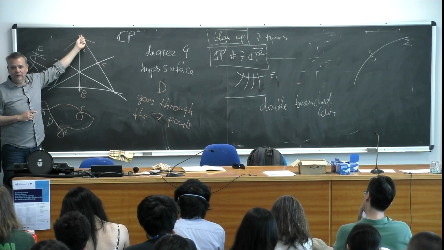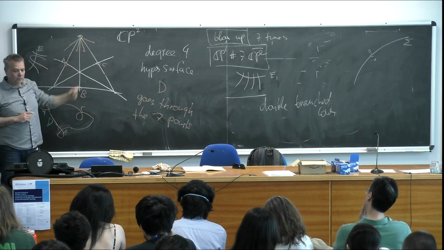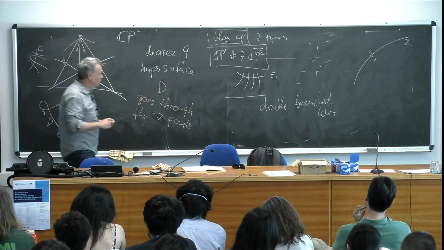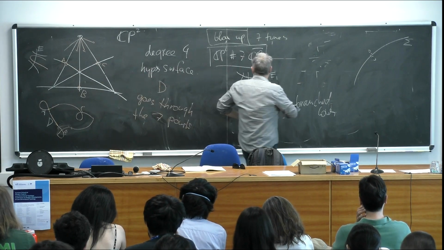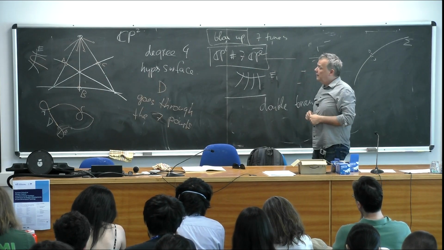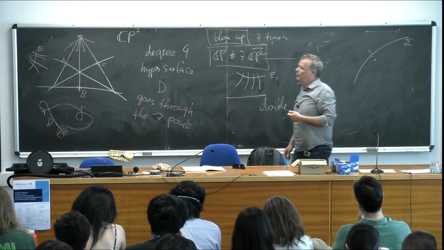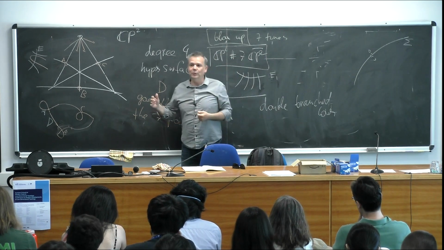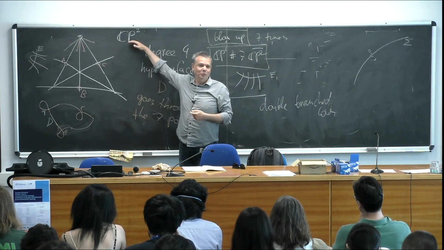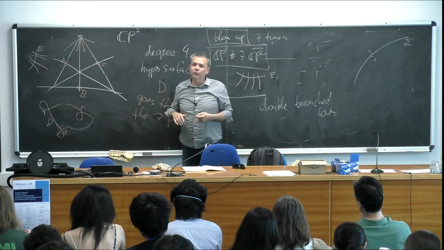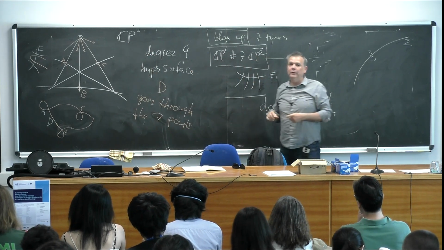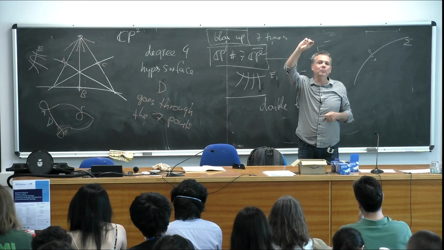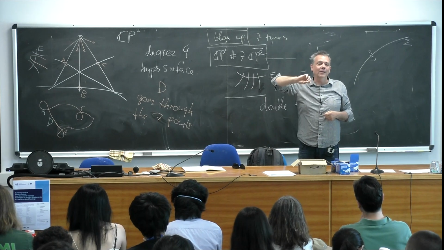Is that okay? Of course, that's not so exciting, but this is called the Lefschetz pencil of CP2. What we want to do is employ this technique of looking from this point in different directions, and now try to understand our manifold with that technique.